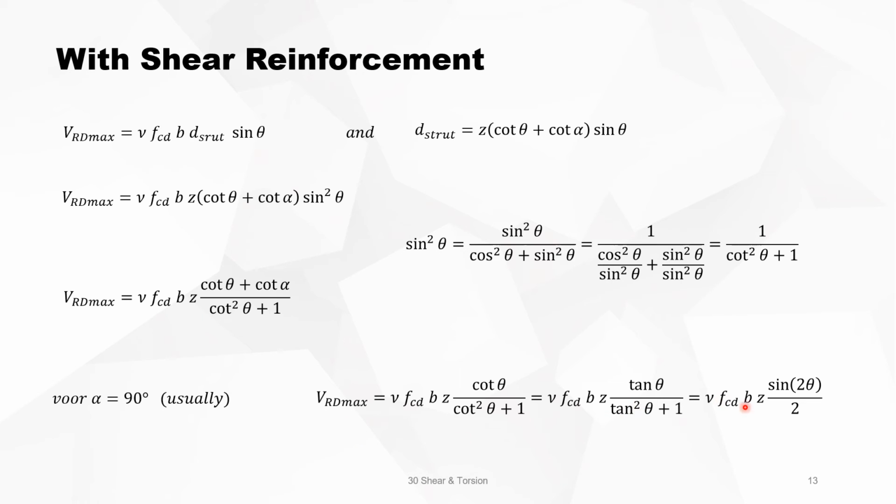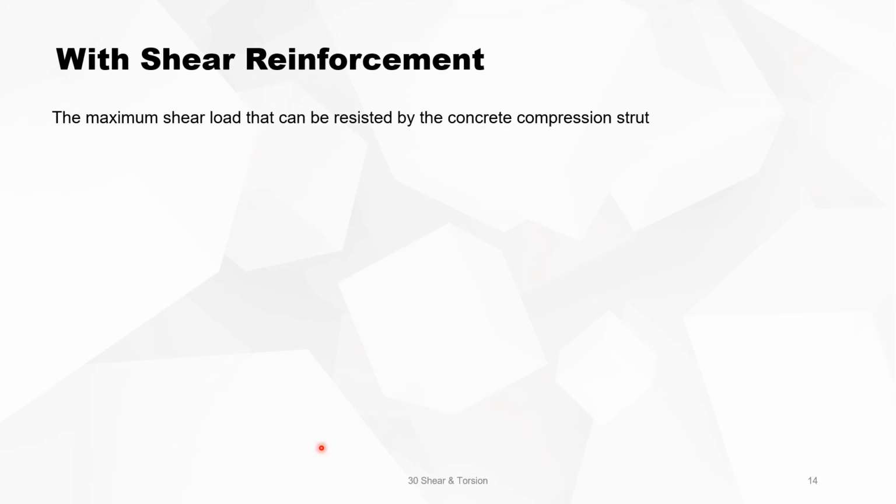That's why this formula is written in sine 2 theta, because it is more difficult to calculate cotangent theta. The maximum shear load that can be resisted by the concrete compression strut was VRd,max, like we have seen just now.